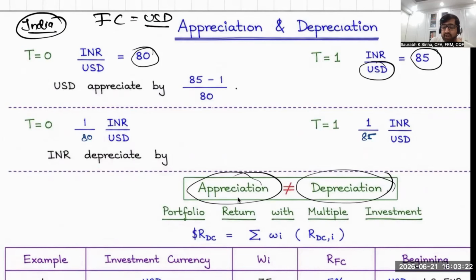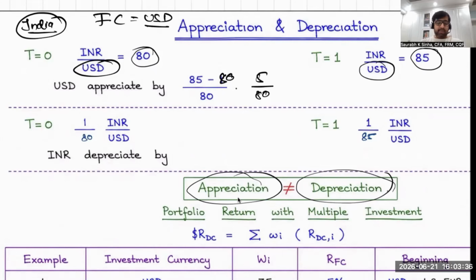USD, and the foreign currency is in the denominator. So if you do 85 minus 80 upon 80, which is 5 upon 80, then the value will come around 6.25%. I can say, yes, this is an appreciation of USD, because one USD has increased from 80 to 85.